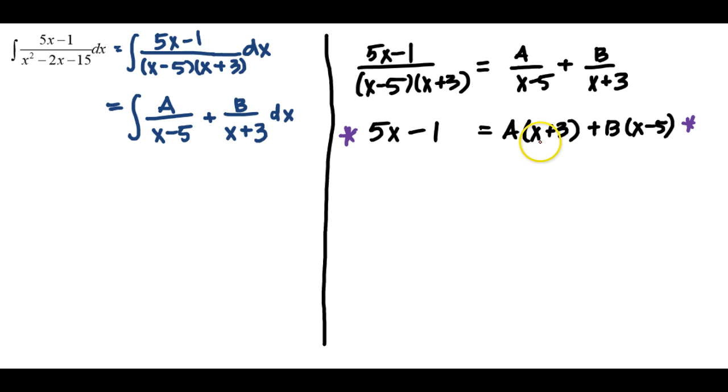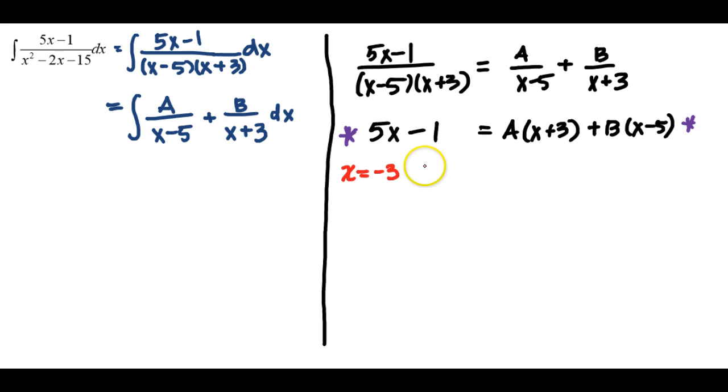We're going to cleverly choose the x to get rid of A first, and then we'll choose the x to get rid of B. The x value that would get rid of A, or make this whole term 0, is -3. So if x equals -3, well, now what's different from the last problem is I have an x on the left-hand side.